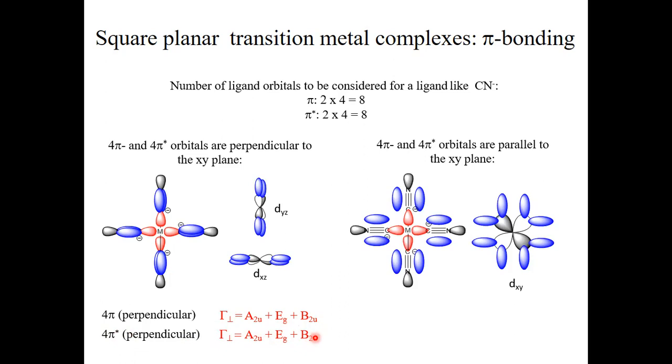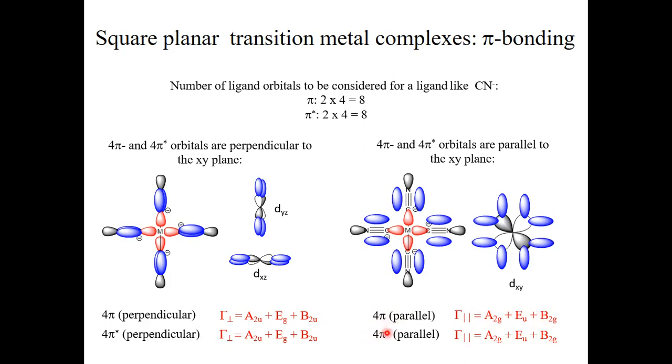So the parallel ones are symmetrically different from the perpendicular ones, therefore they have different symmetry types. So the bonding 4 have the symmetry type A2g plus Eu plus B1g. That means 1 of them has A2g symmetry, 2 of them have Eu symmetry, and the last one has B1g symmetry.